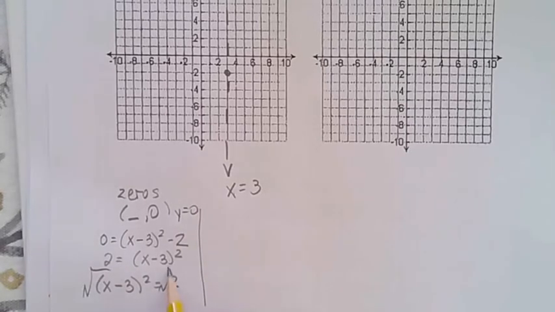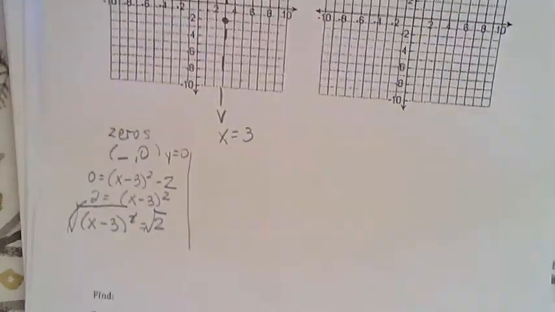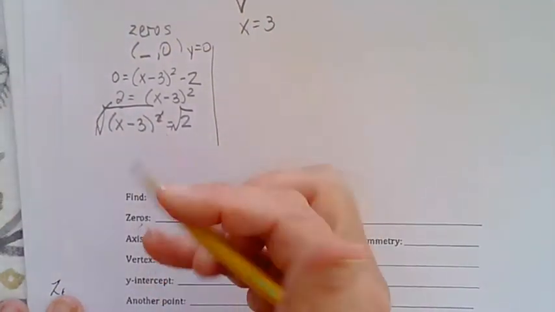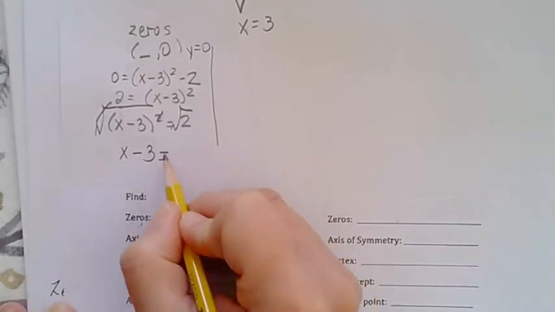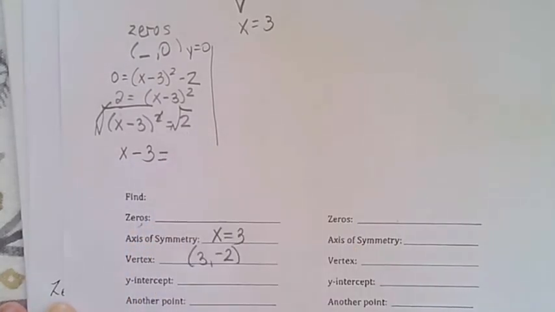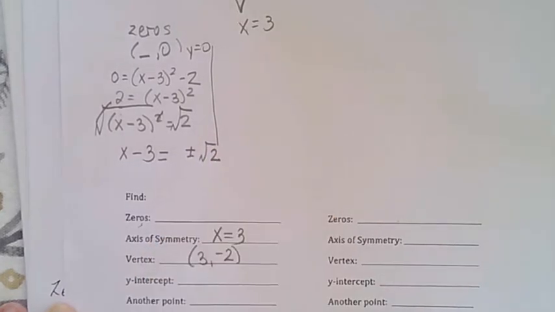Solve by taking the square root of both sides. This square and the square root are going to cancel each other out. x minus 3 is equal to, well, I can't take the square root of 2, and that's okay. Plus and minus the square root of 2.